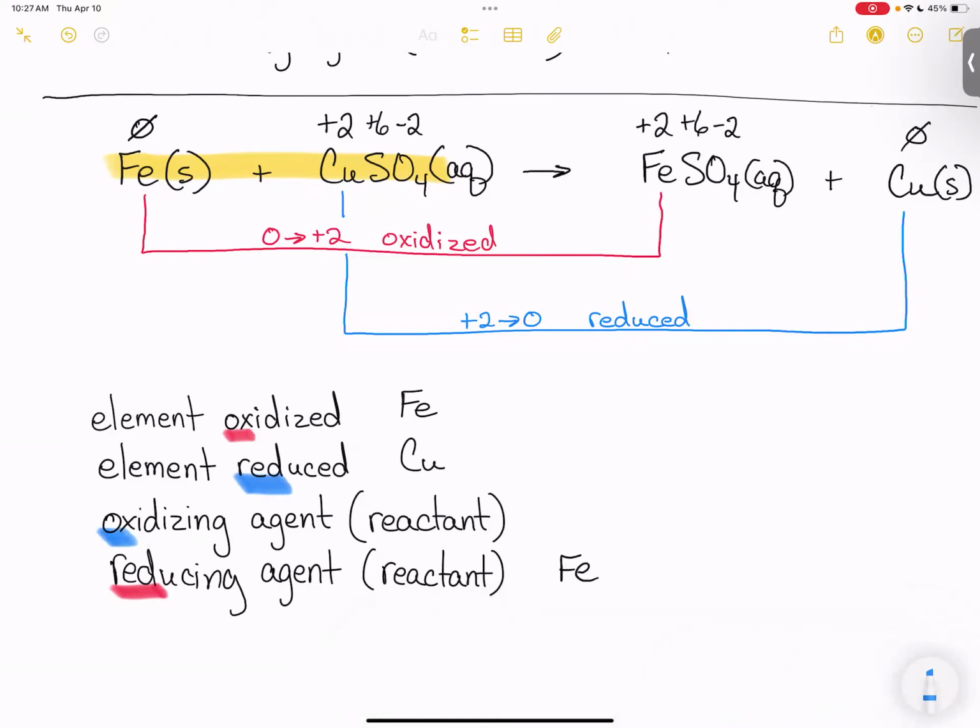Redox has to go together. So where is the copper found? Copper 2 sulfate. Questions?